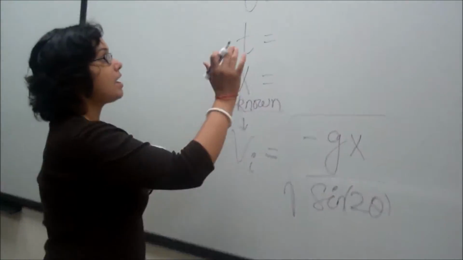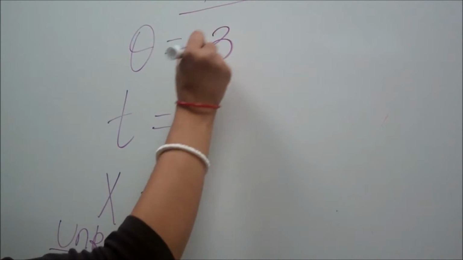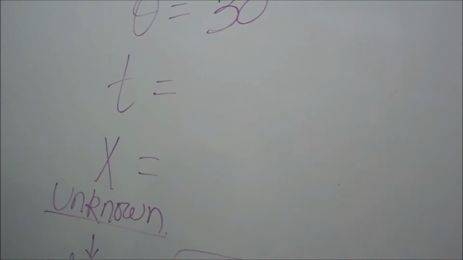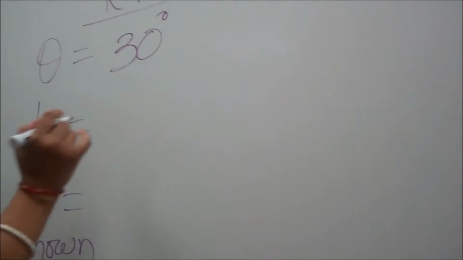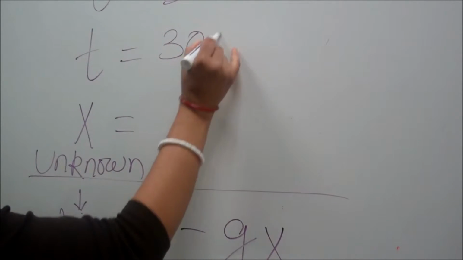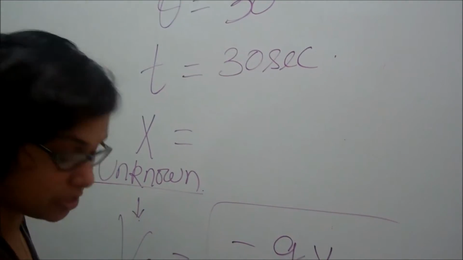The angle at which we fired the ball was 30 degrees. The time it took from the launching station to hit the ground until it stops is 30 seconds. Now let's measure the displacement.